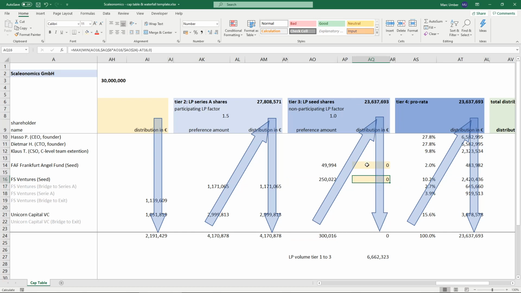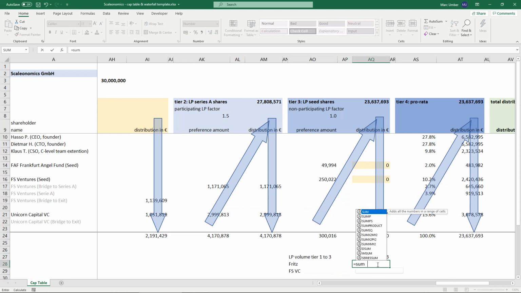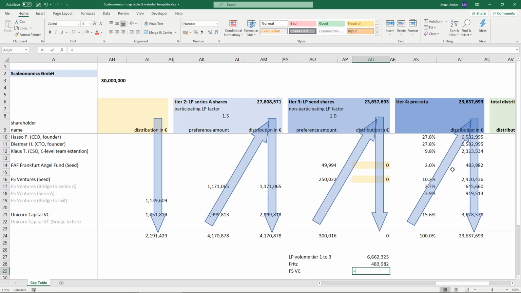Okay, let's again test whether these two formulas give the right results. Let's see how much Fritz and FS Venture Capital will receive as a sum on both of these tiers.